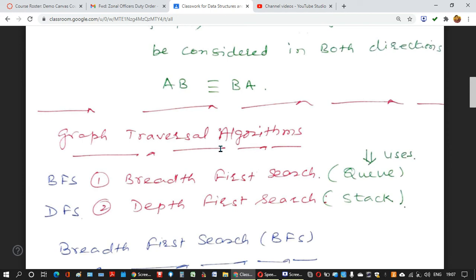In exams, apart from definitions or explain with example what is adjacency matrix, what is adjacency list, you can also be asked, a graph is given to you, and then you are asked to prepare the adjacency list or adjacency matrix for it. So that discussion regarding representation of graph is over.